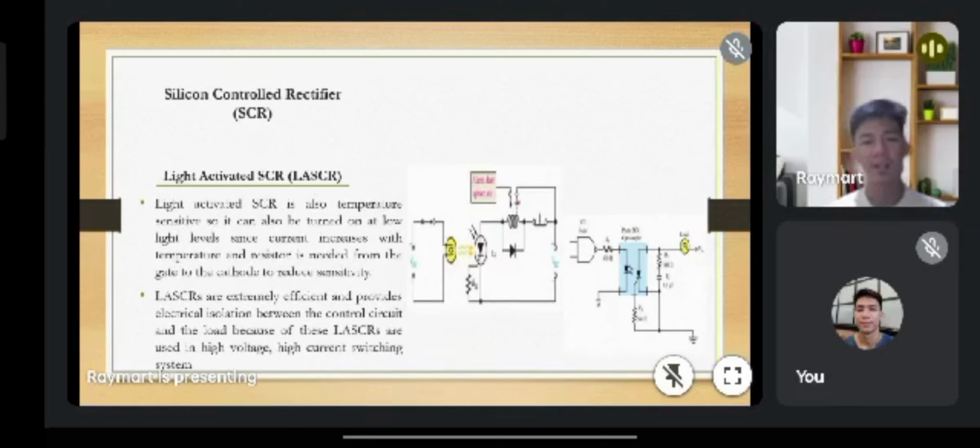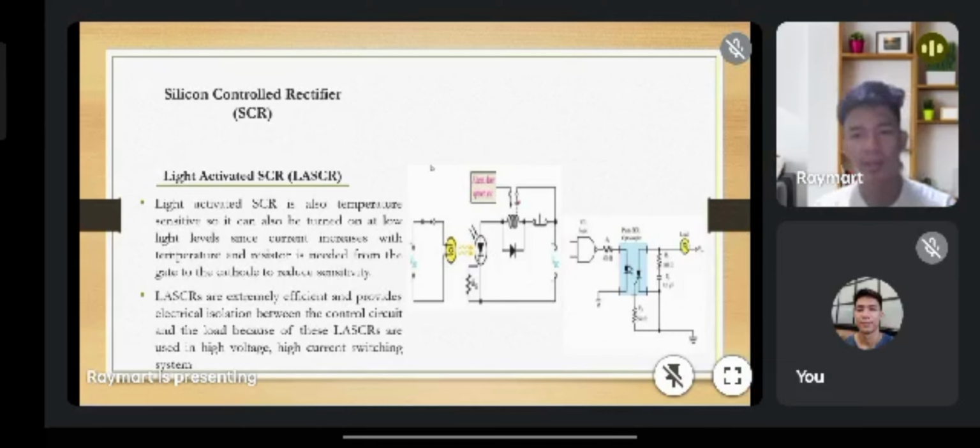LASCRs are extremely efficient and provide electrical isolation between the control circuit and the load. Because of this, LASCRs are used in high voltage, high current switching systems.